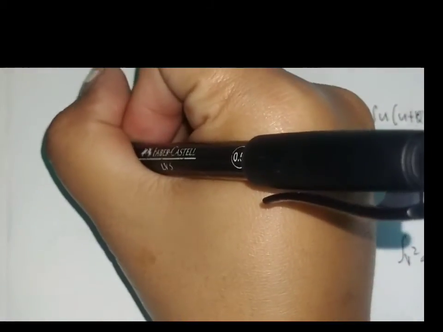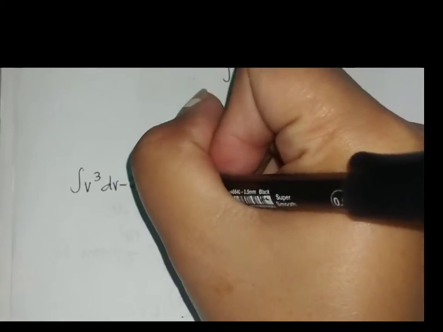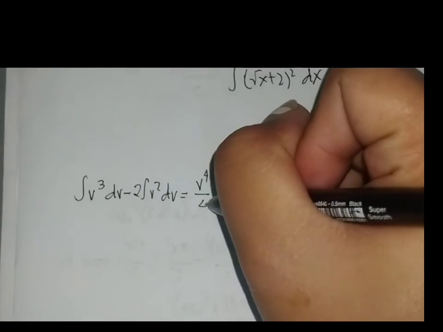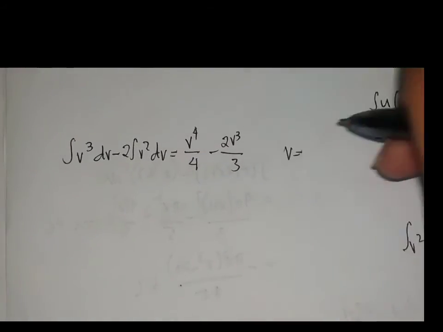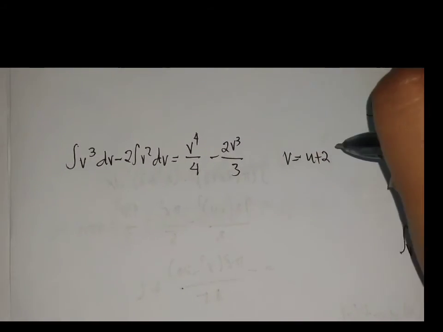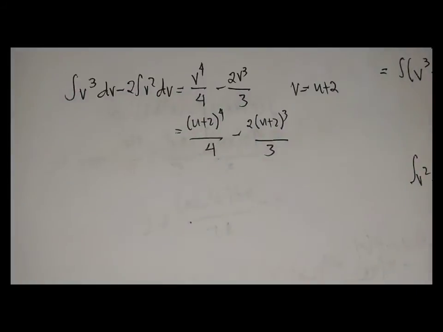Now let us plug in: the integral of v cubed dv minus 2 times the integral of v squared dv is equal to v to the 4th over 4 minus 2v cubed over 3. On the substitution, v equal to u plus 2, so it is equal to (u plus 2) to the 4th over 4 minus 2(u plus 2) cubed over 3.